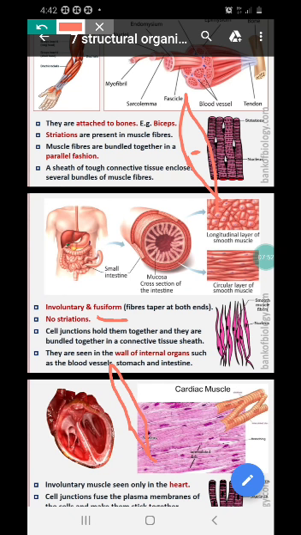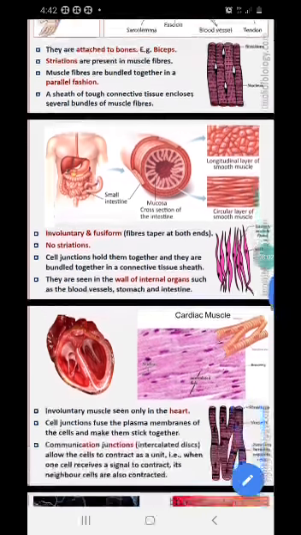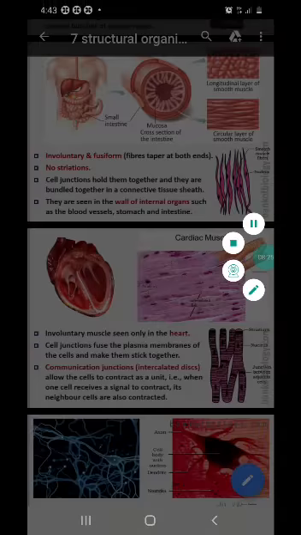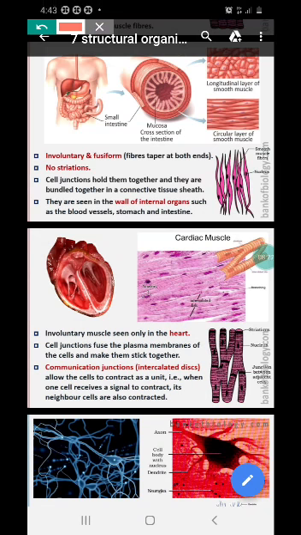Okay. And the third type is the cardiac muscle. As we already said, it is seen in the walls of the heart. And this is also elongated, cylindrical in shape, multinucleated, but it is branched, and these branches are held together with the help of intercalated discs.